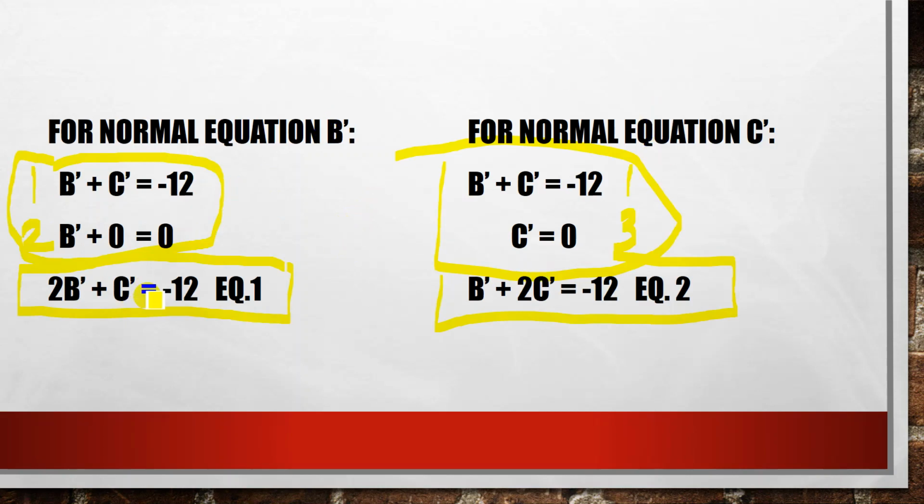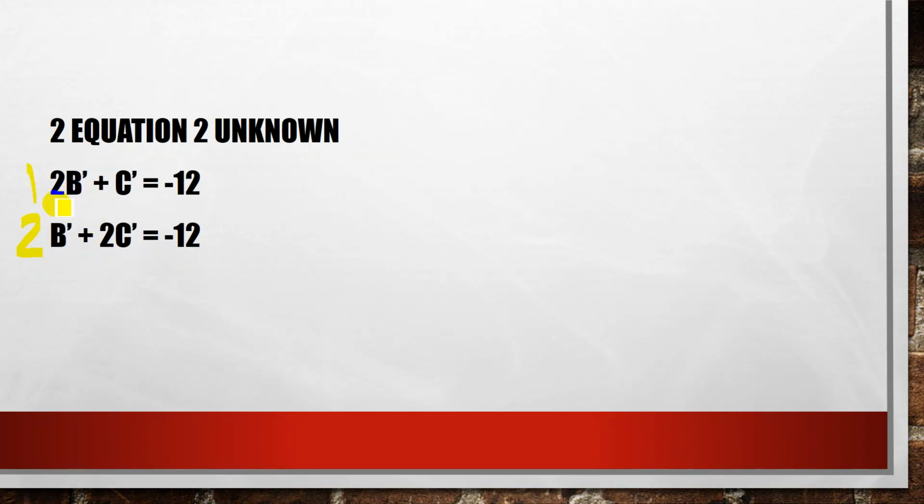So, ang gagawin lang po natin dito, balik po tayo dito. So, ito po yung equation 1, equation 2. So, ganda lang po yan. 2B prime plus C prime, dito po muna tayo sa una, is equal to negative 12. So, ang gagawin lang po natin, itatranspose natin si 2B prime sa kabilang side.